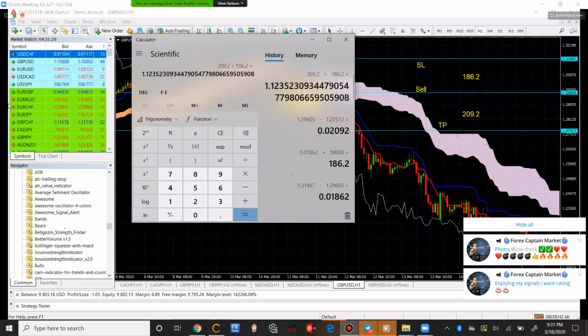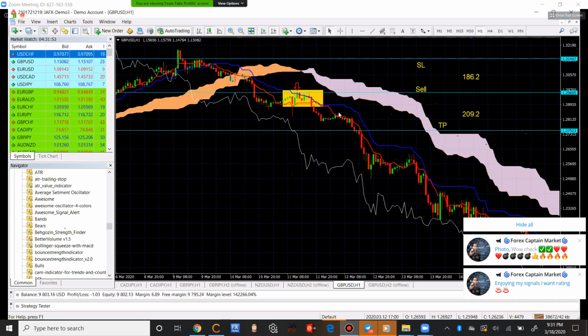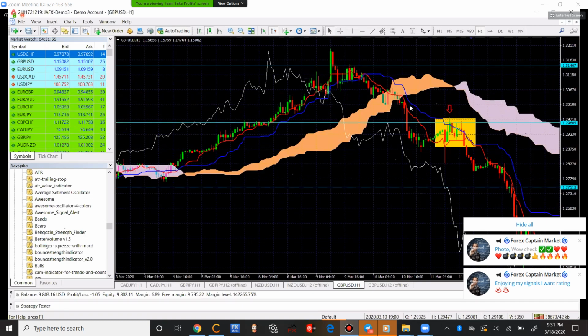That'll give us about 1.12 reward to one risk. So that's just your basic calculation for your reward to risk ratio. You want to make sure it's at least 1-to-1 or a little bit more than that. This is basically how you manage your trade.